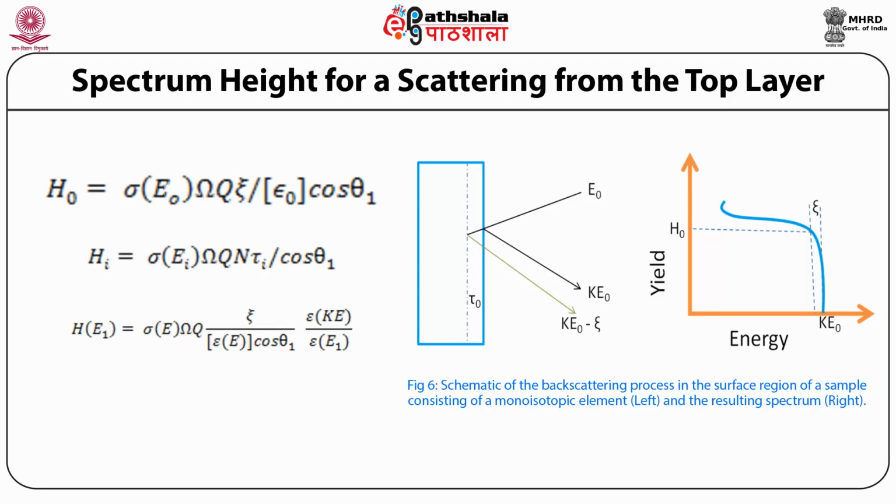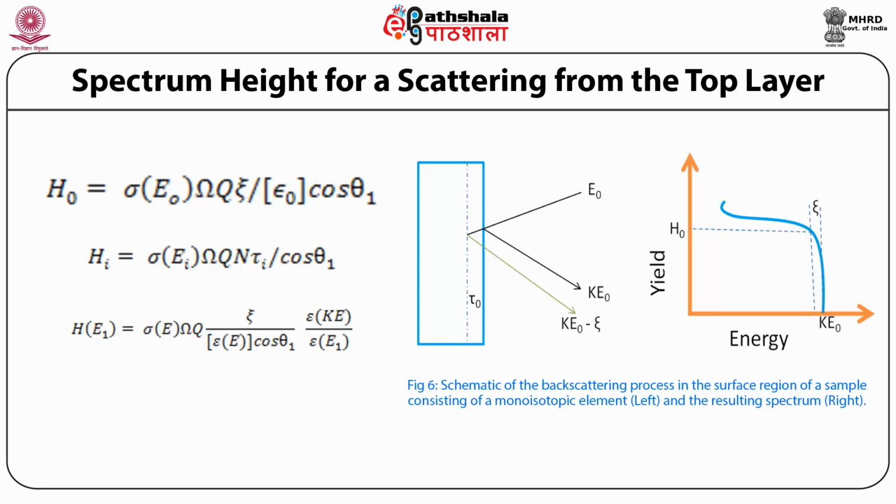The height can be written as Hi is equal to sigma Ei omega q n tau I divided by cos theta 1. The cross-section sigma is evaluated at the energy Ei of the projectile immediately before scattering at depth xi.